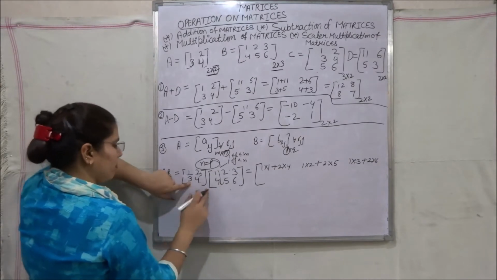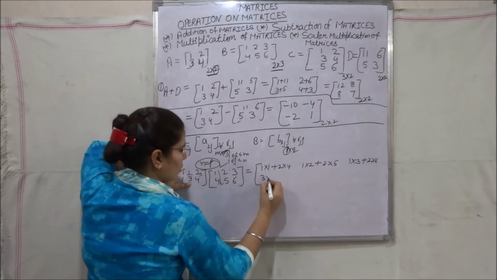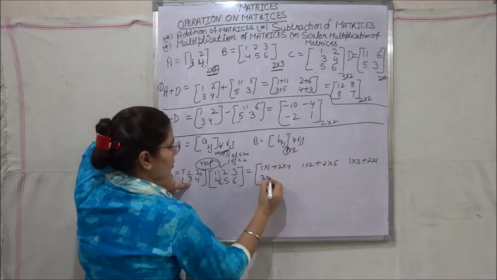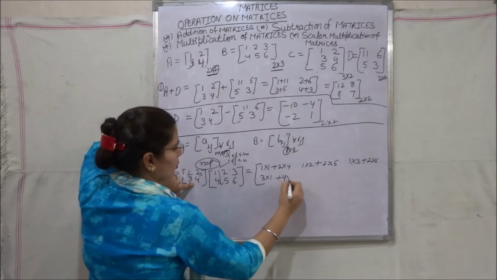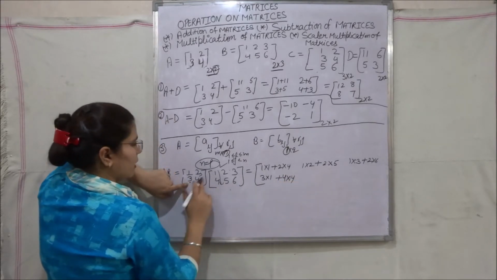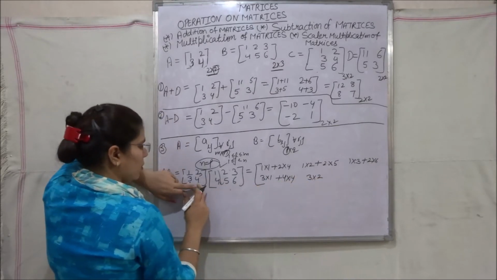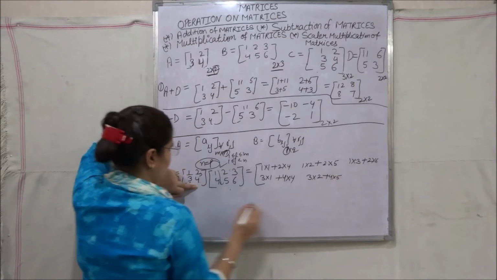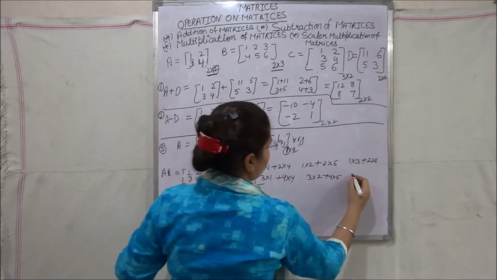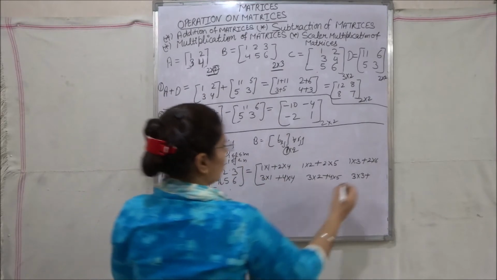Again we will proceed with the second row: 3 will be multiplied by 1 plus 4 will be multiplied by 4, 3 multiplied by 2 plus 4 multiplied by 5. Now 3 will multiply by 3 plus 4 multiplied by 6.